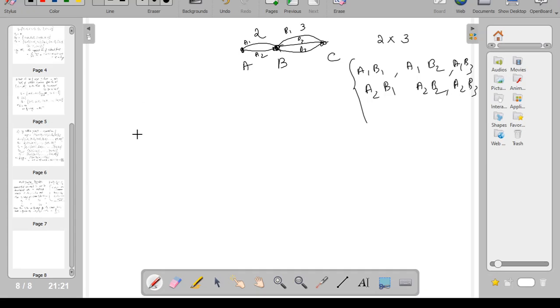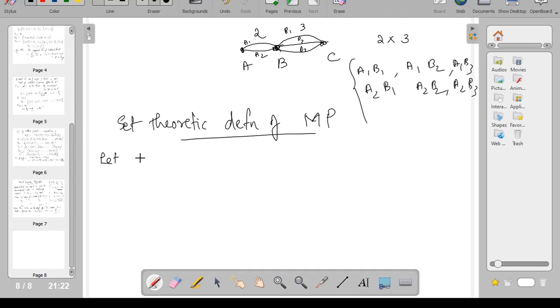And now let us see the set theoretic definition of the multiplication principle, that is, in terms of the Cartesian product.